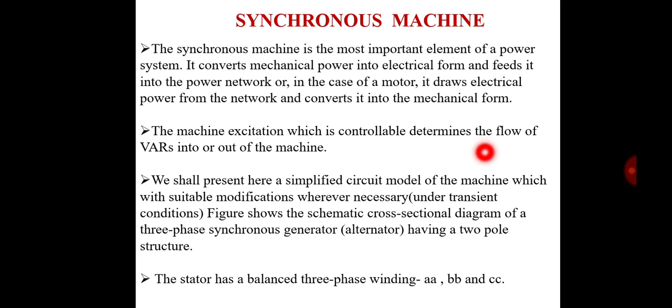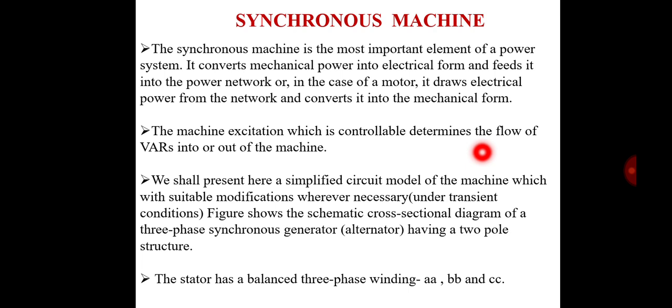When the prime mover rotates, the synchronous machine's rotor also rotates, and when excitation is provided and flux is produced, the conductor moves in the magnetic field.